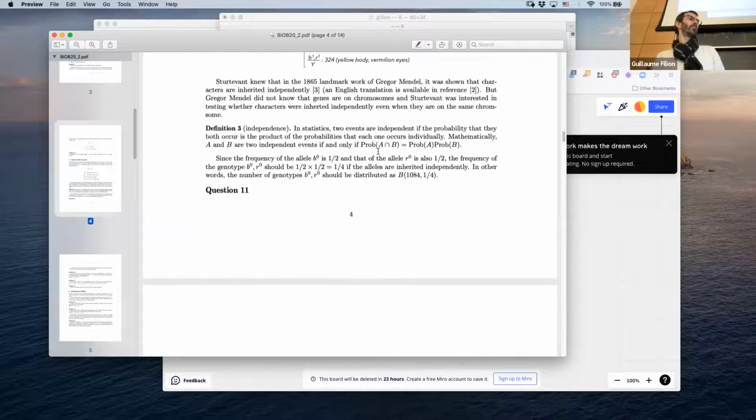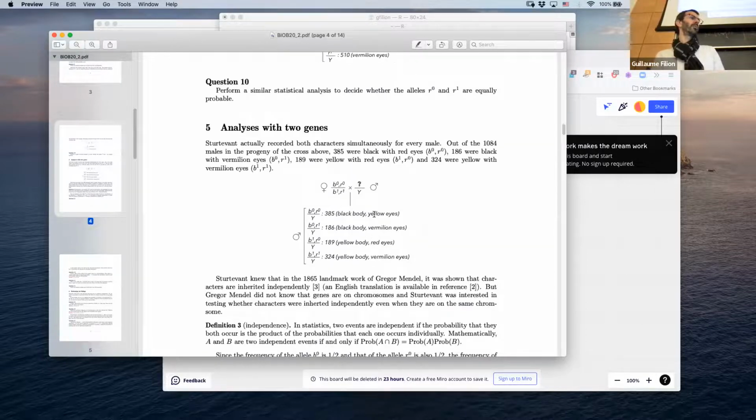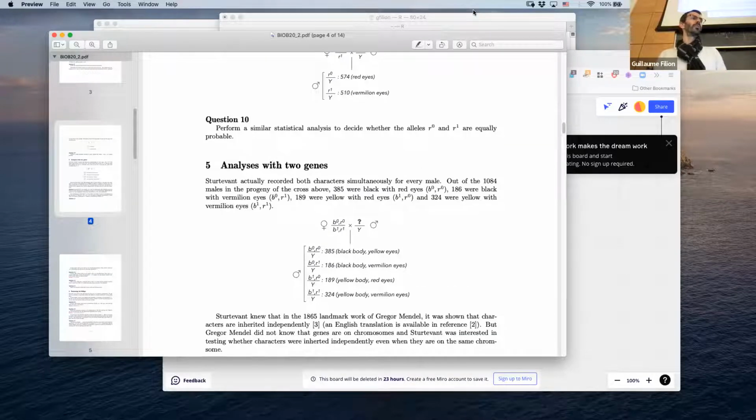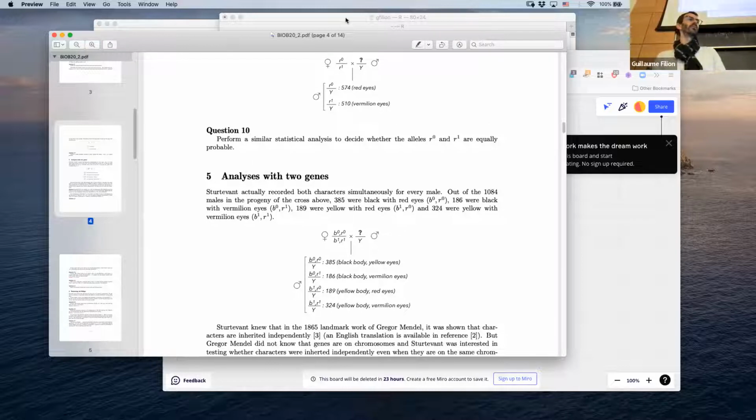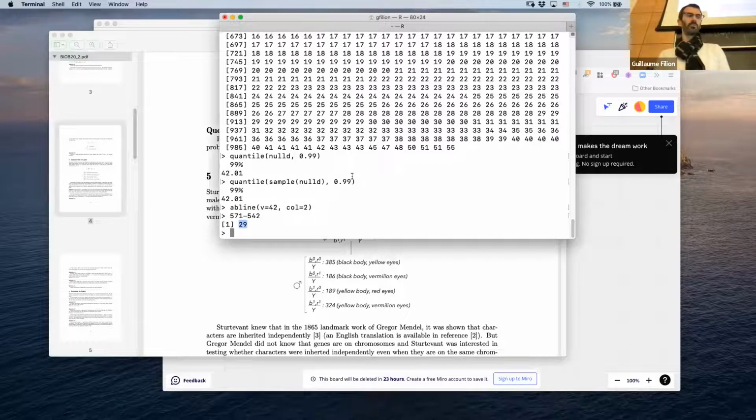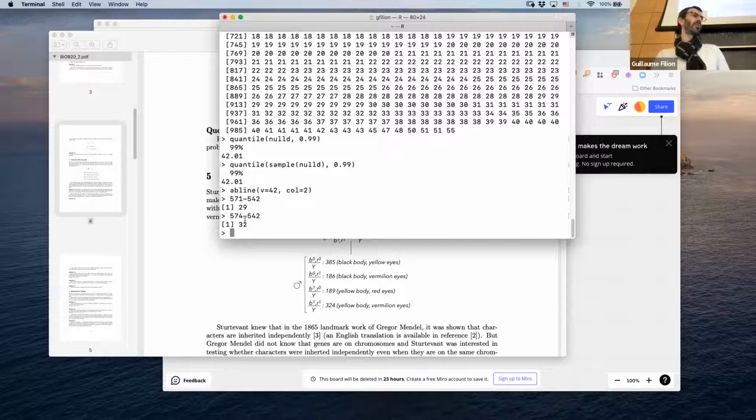So let's wrap it up then, if this is all finished. So we just need to compute the value of the statistic, in that case, 574 minus 542, 32. What do we conclude? Yeah, same thing.